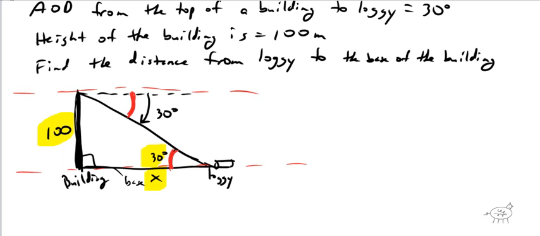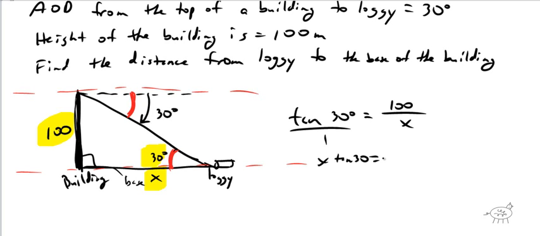So I'm going to be using tangent. Tangent of 30 degrees equals opposite, 100, over adjacent, x. That's it. And I cross multiply, I get x tangent 30 equals 100, so x equals 100 divided by tangent 30.